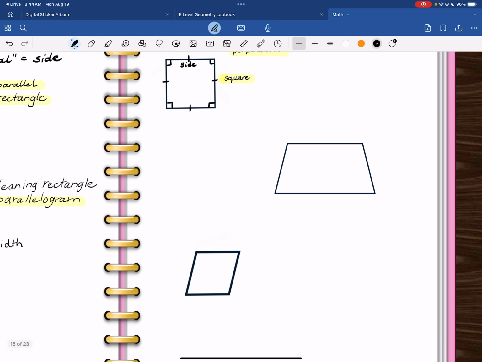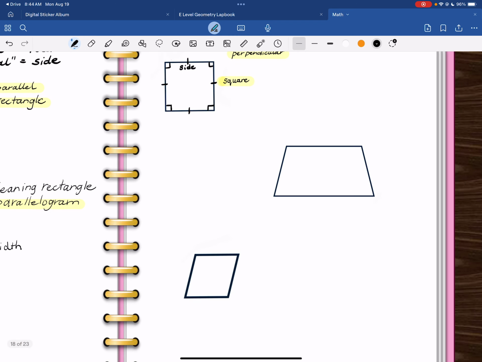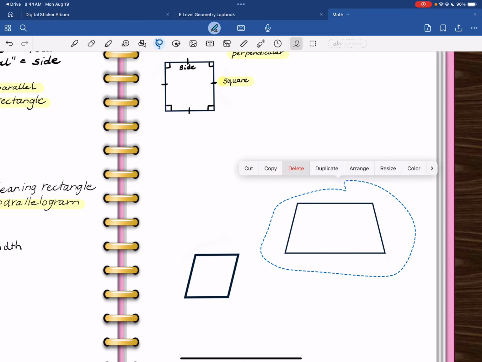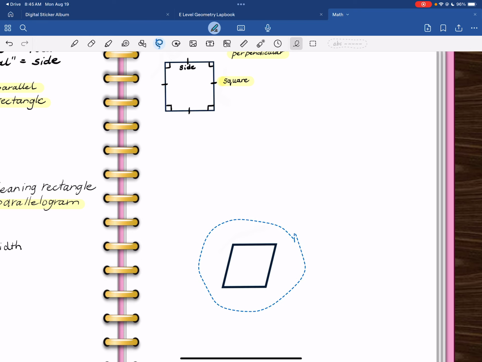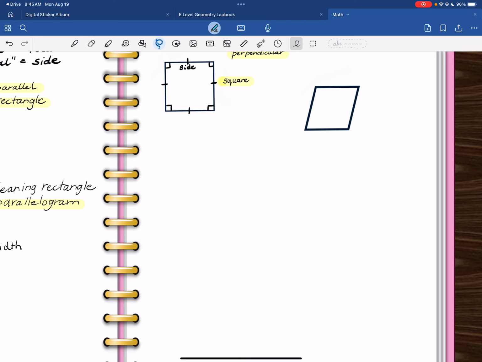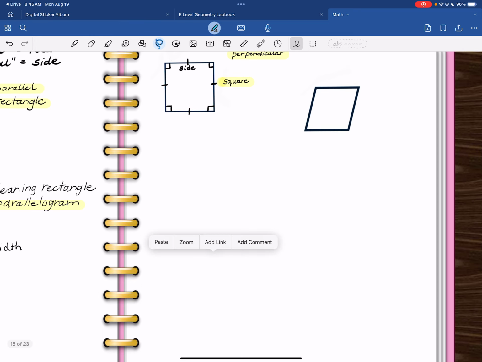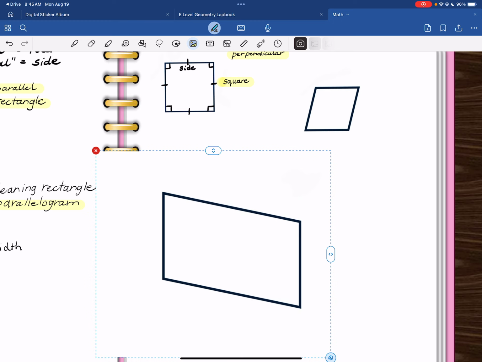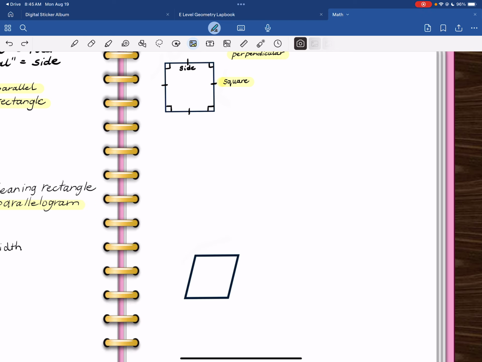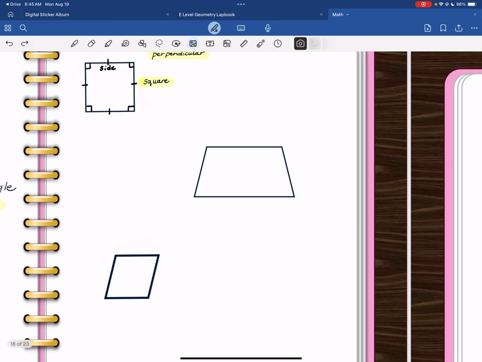Okay, this one we've already talked about, but let's move him. I'm just going to delete it for now. Here is a leaning square. So much like the leaning rectangle. Ooh, no. What have I done to my parallelogram, or my trapezoid?